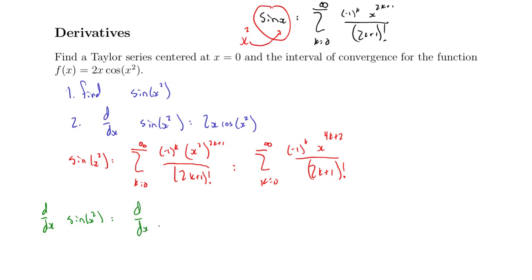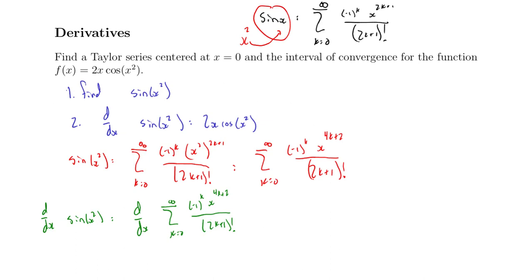That's going to be the derivative of this Taylor series. Now we can be pretty clever here. Because remember I said derivatives, like limits, are easy to work with polynomial functions. Let's think about what this thing is.